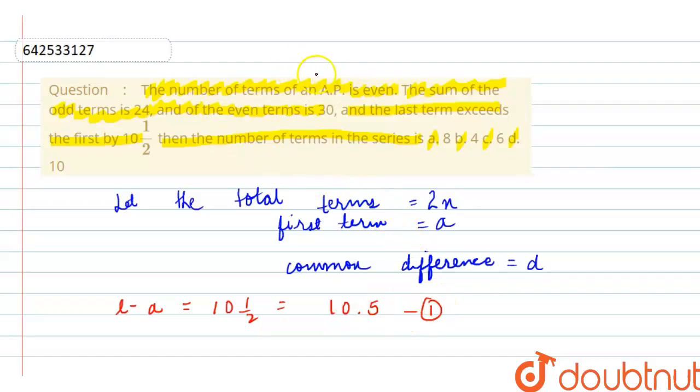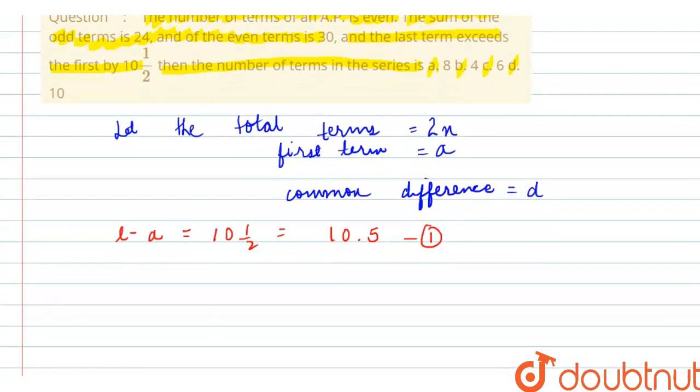Now it is given that the sum of odd terms is 24. If we take only odd terms, it will also be an AP. The number of terms in the odd series would be n, because the total terms are 2n. So, considering odd terms, they constitute an arithmetic progression.